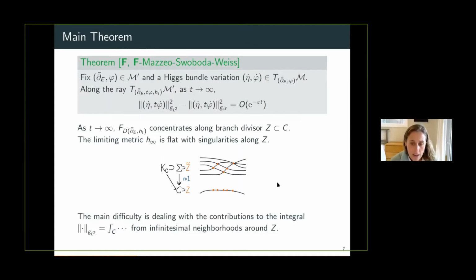In fact, the curvature is not only concentrating there, but everywhere else it's going to 0. So it's the usual bubbling phenomenon: you're leaving behind a very simple limiting metric, h infinity, and at each of these points you've bubbled off some sort of instanton, which we can describe.